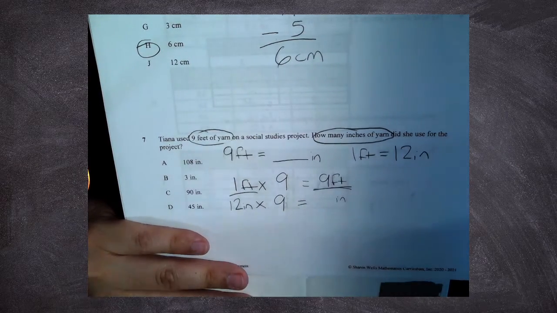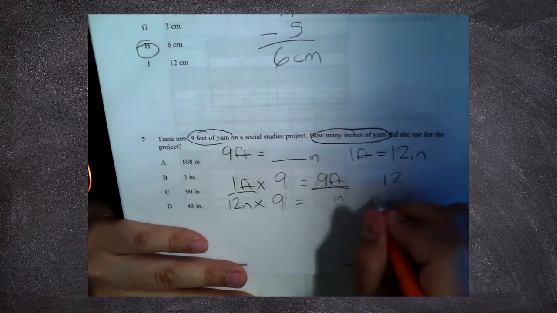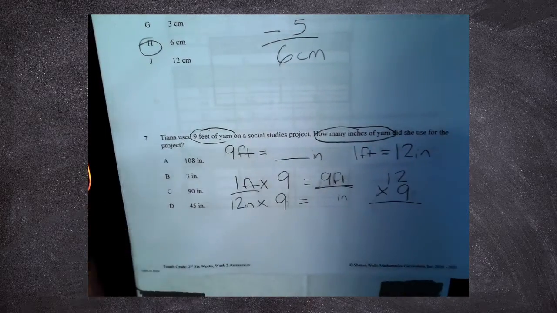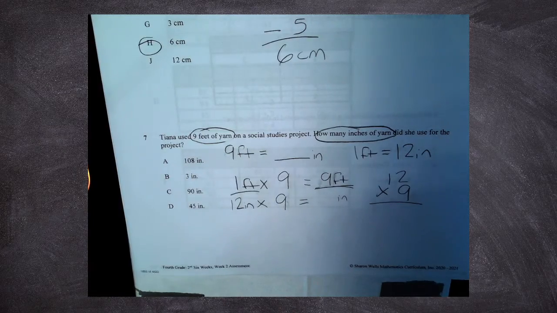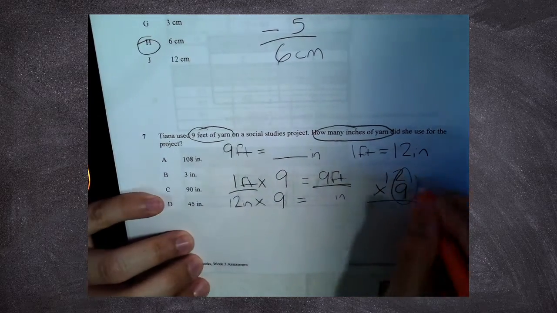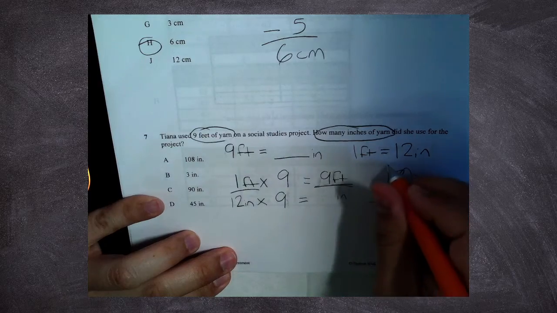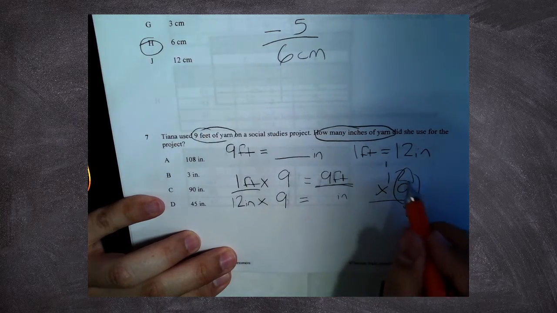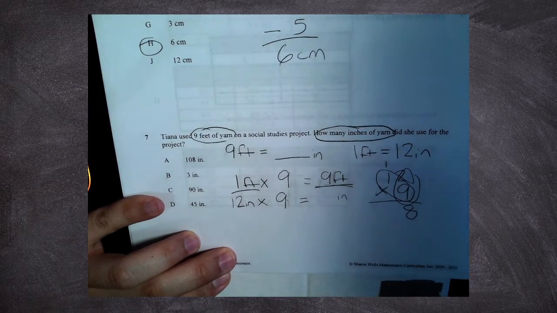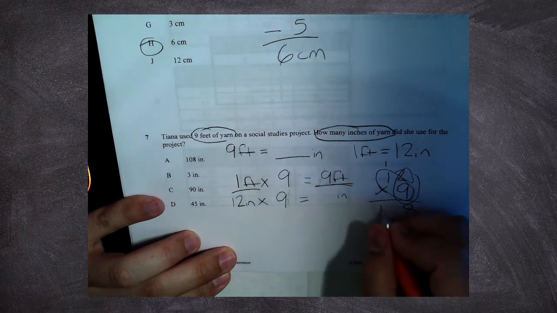12 times 9. Do that. 12 times 9. 2 times 9 is 18. Carry over my 1. 9 times 1 is 9. Plus the extra 1 is 10.